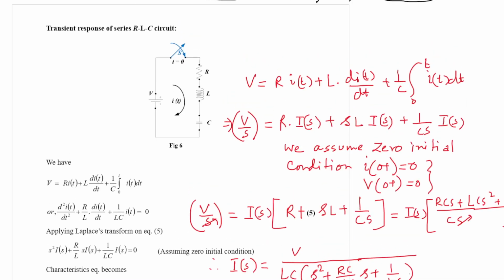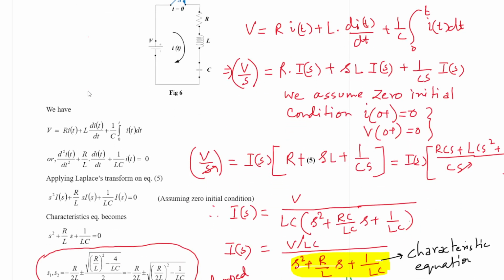Depending on the values of R, L and C, our network will show the respective response, whether underdamped, critically damped, or overdamped.